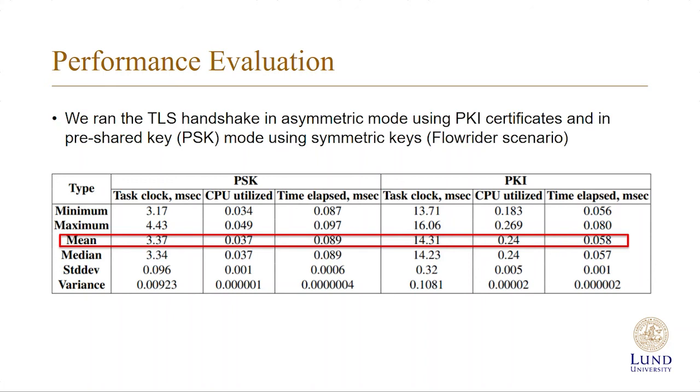The CPU utilization is also much less with Flowrider scenario, but the total time elapsed is larger for PSK mode. And this is partly due to the overhead introduced by the communication between the switch and the controller. However, this overhead is mostly offset by distributing the pre-shared keys after the first TCP packet and before the TLS negotiation starts.